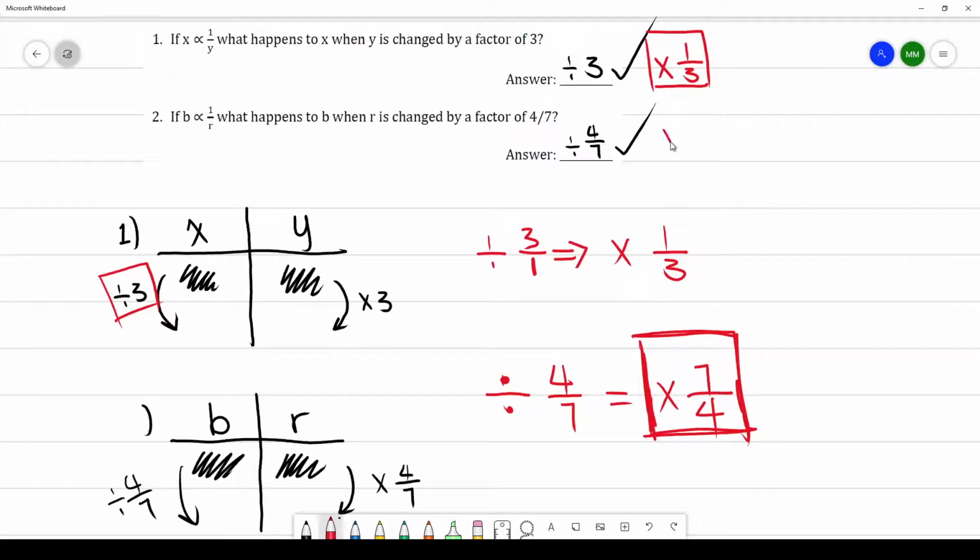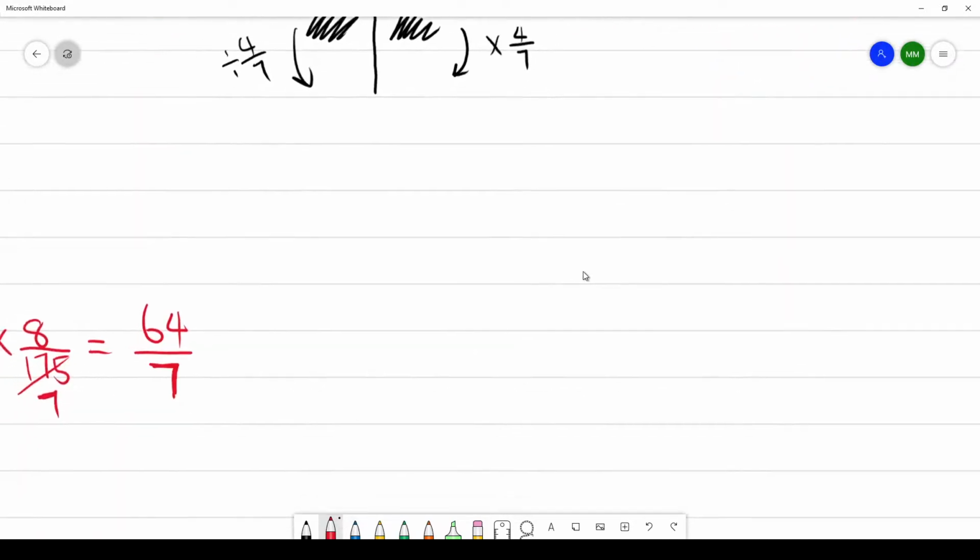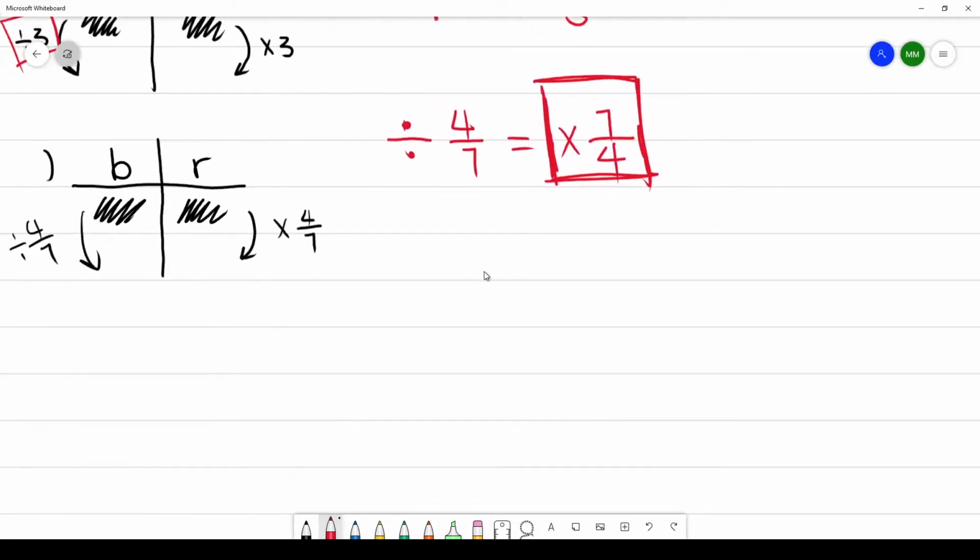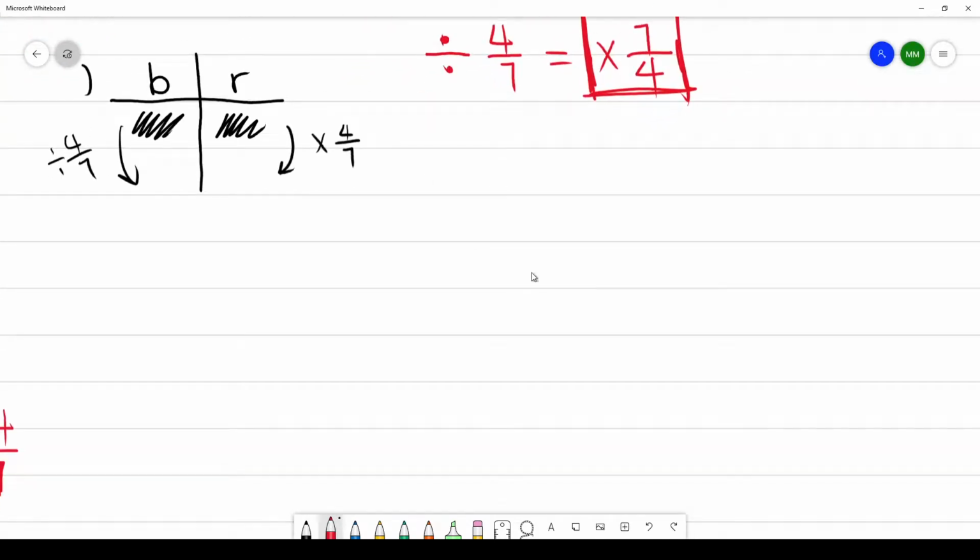So what I want you to get at is multiply by 7/4. Okay, maybe I will ask you guys this. Type this into the chat, okay?